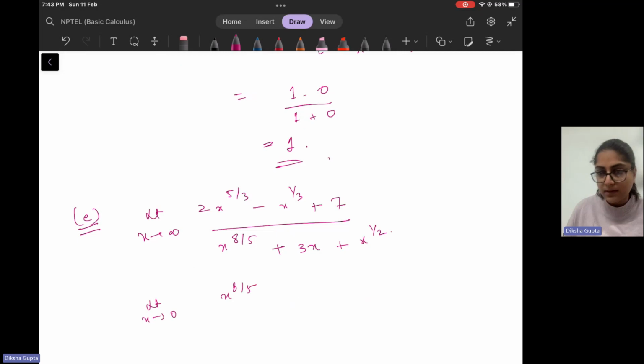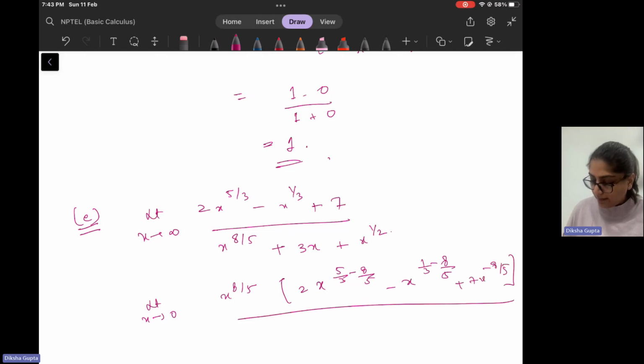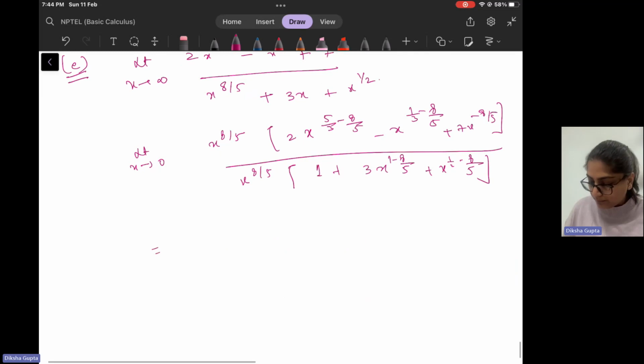So you will be left with 2x to the 5 by 3 minus 8 by 5, minus x to the 1 by 3 minus 8 by 5, plus 7x to the minus 8 by 5, over 1 plus 3x to the 1 minus 8 by 5 plus x to the 1 by 2 minus 8 by 5. When we do the calculations, 25 minus 24.